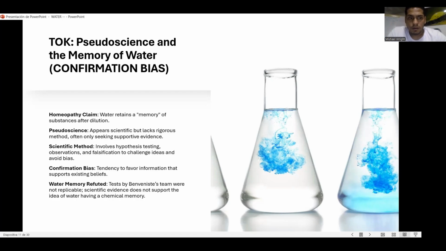It didn't work, right? So scientific evidence didn't support the idea of water having the chemical properties of the previous solutions it had been mixed with, okay?